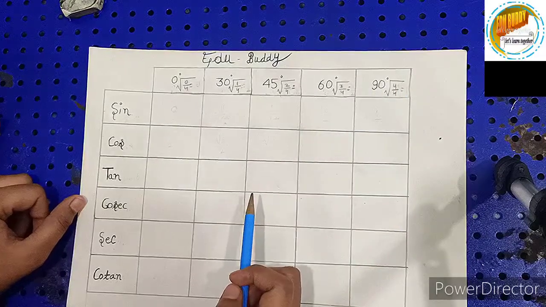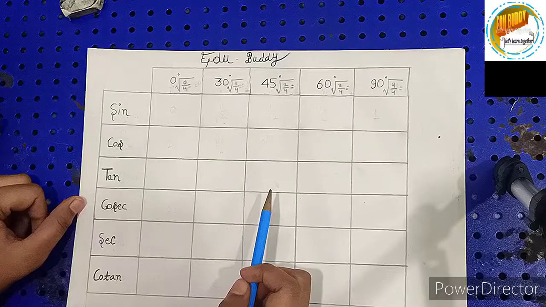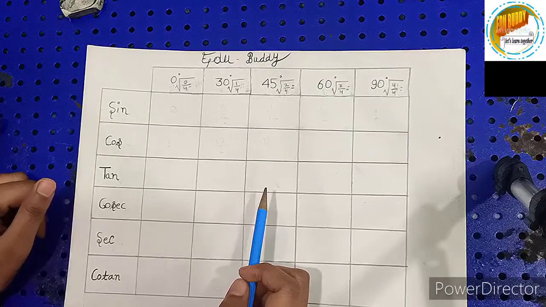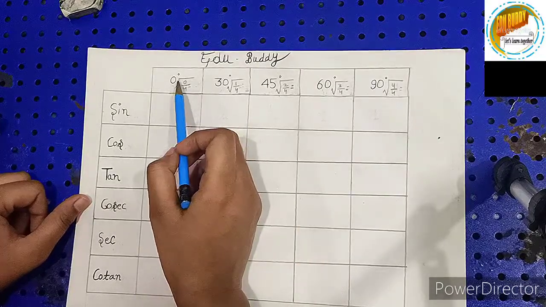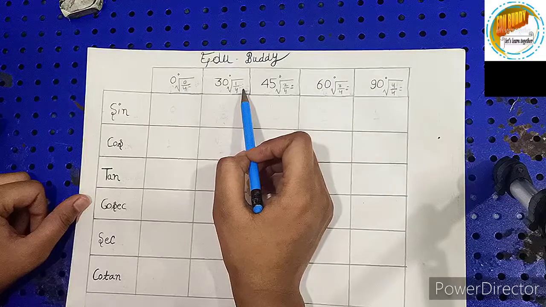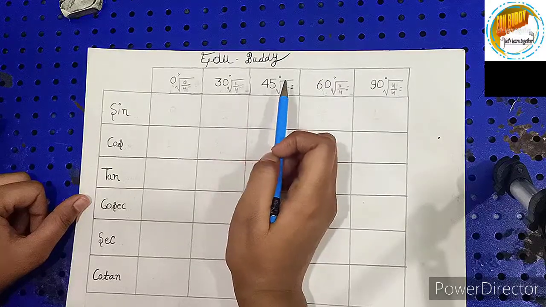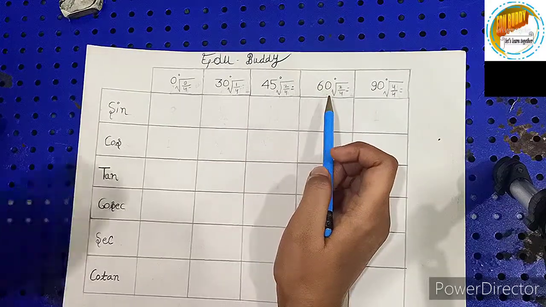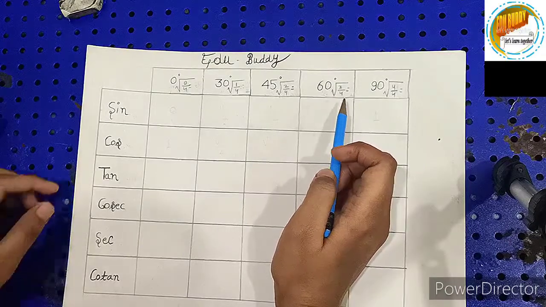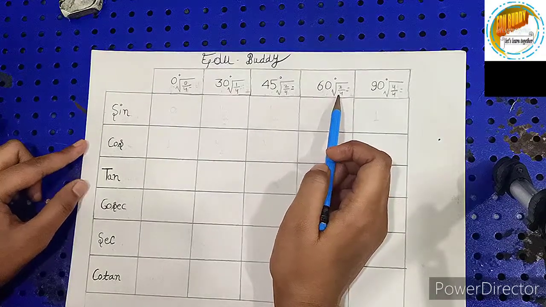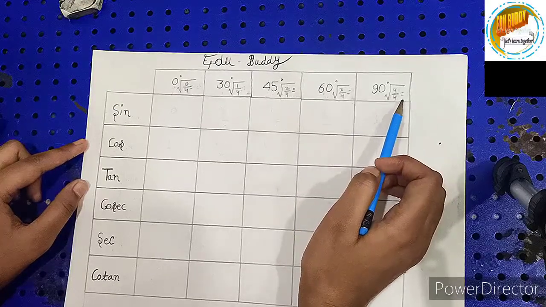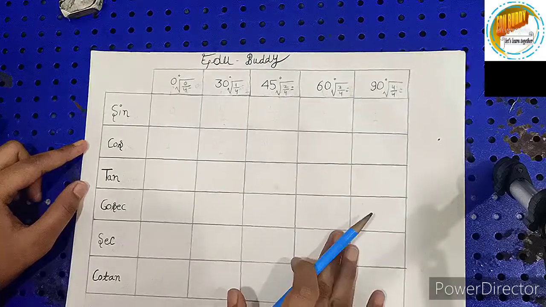Now we are going to use a little trick which will help us to find the values of these 6 trigonometric functions. Write whole root of 0 by 4 under 0 degree, whole root of 1 by 4 under 30 degree, whole root of 2 by 4 under 45 degree, whole root of 3 by 4 under 60 degree and whole root of 4 by 4 under 90 degree.